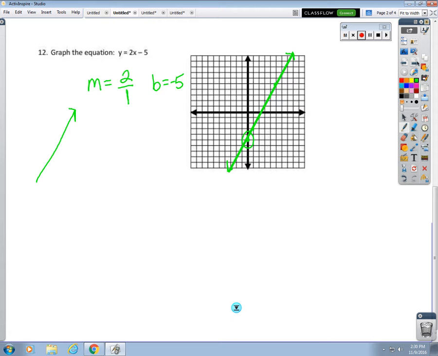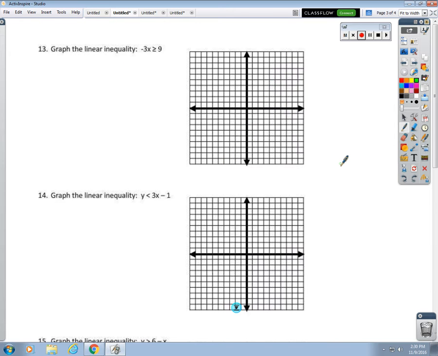Okay, let's go to the next page. Graph the linear inequality negative 3x is greater than or equal to 9. This one's a little bit tricky because you assume that that's your mx, but it's not. Anytime there's no y in the equation, it's automatically a vertical line. See how there's no y in this one?